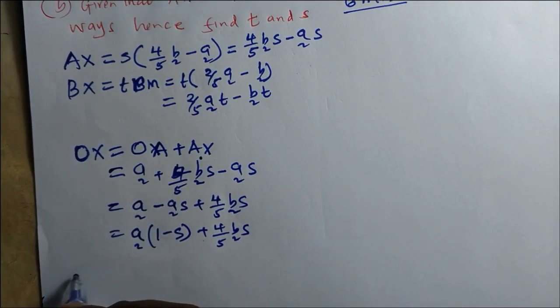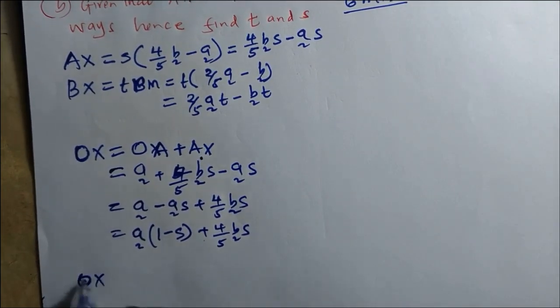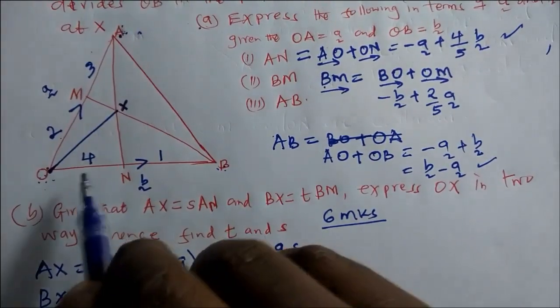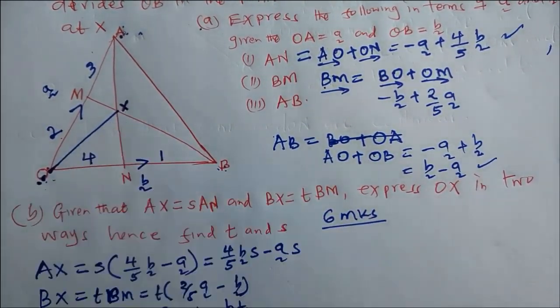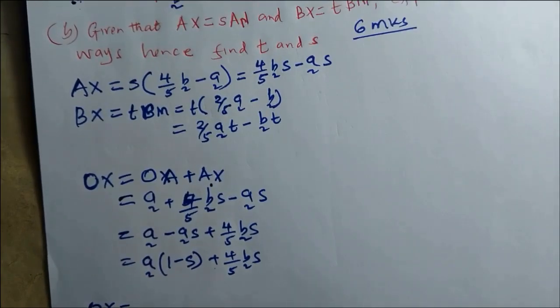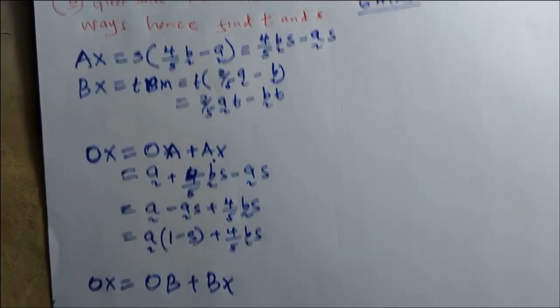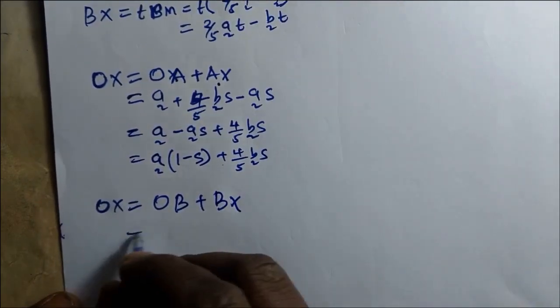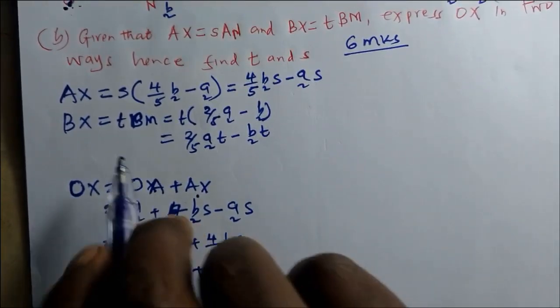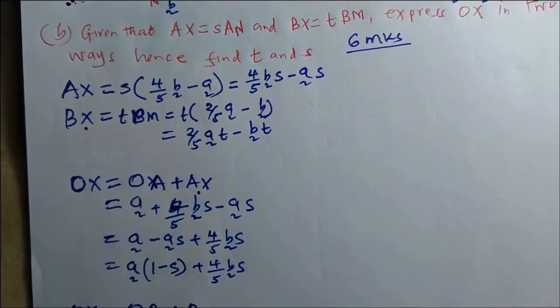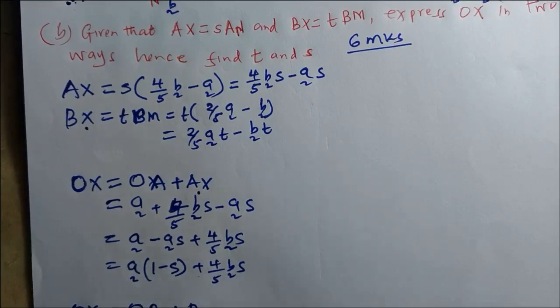Now another way: OX is also equal to OB plus BX. We know OB is B, plus BX. We have our BX here: BX is equal to 2 over 5 AT minus BT.